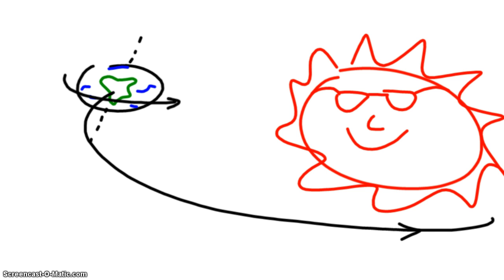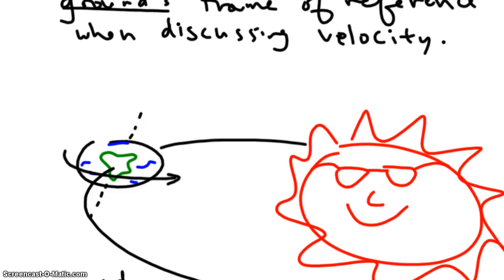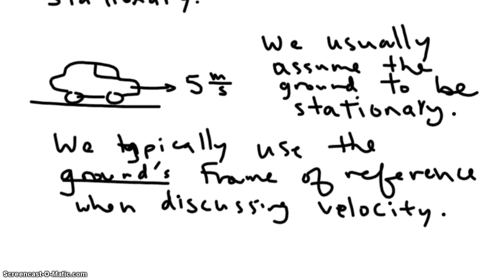It's revolving at a huge, huge speed, right? Going around the sun. So absolutely, from the sun's perspective, from the sun's frame, the ground isn't stationary. We just take it to be stationary when we talk about how fast the car is going.